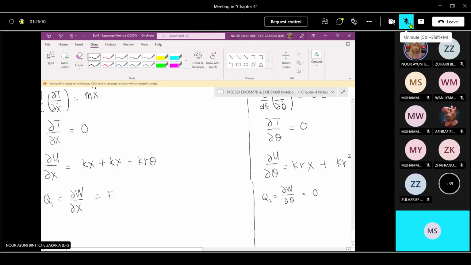F delta X is going to have 0, and then we don't have any damper.